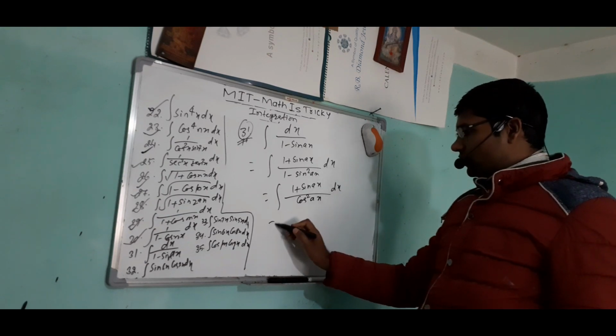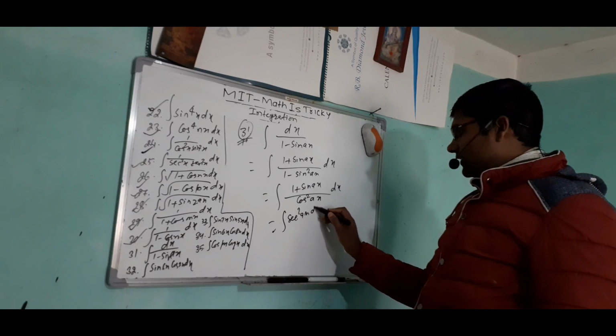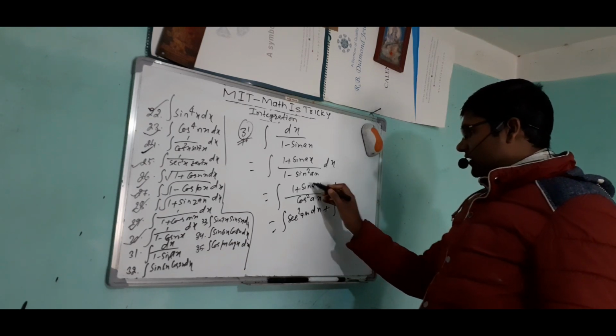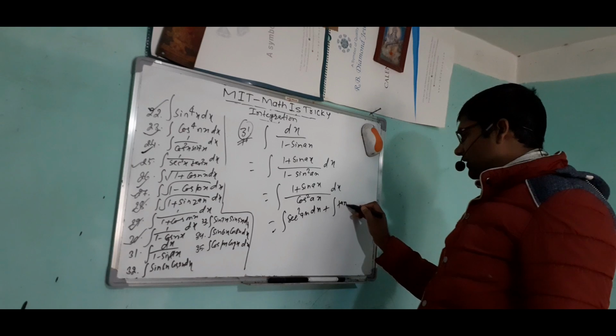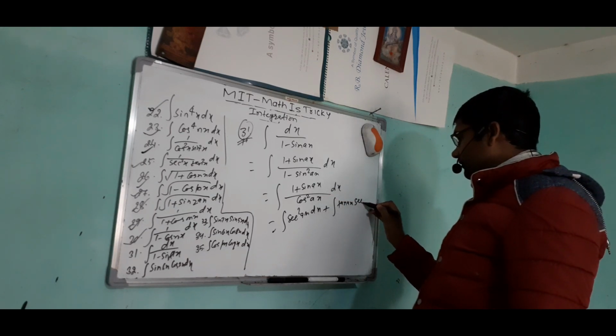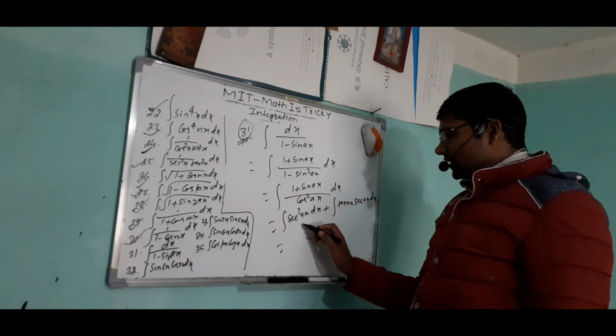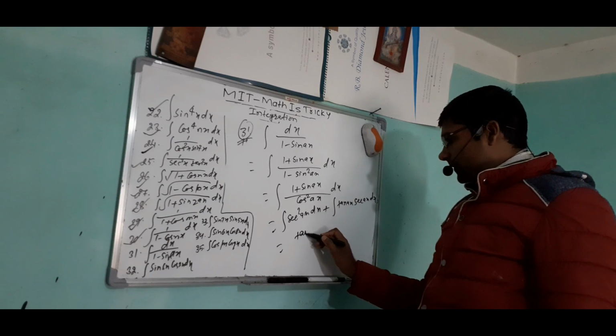Let's separate this: 1 by cos square means sec square ax dx, plus sine by cos square, which is tan ax times 1 by cos, sec ax dx. We have the formula for sec square: the integration of sec square is tan ax.